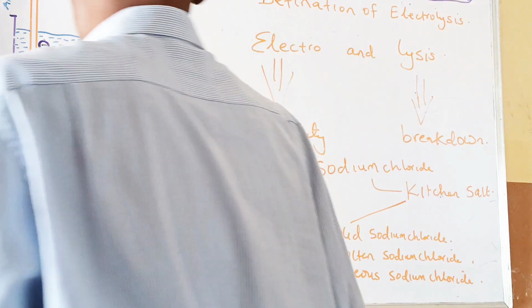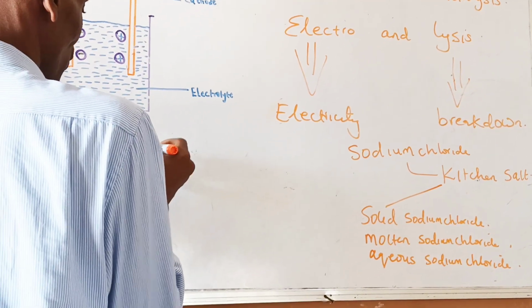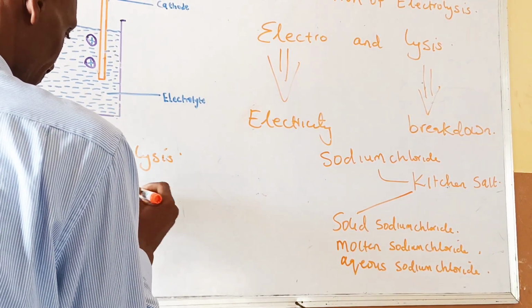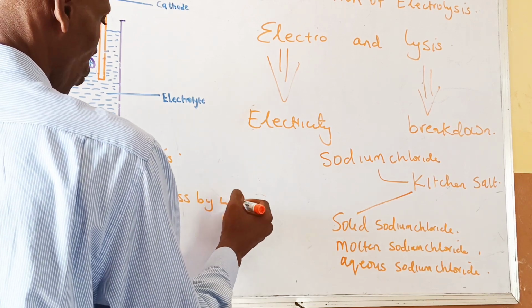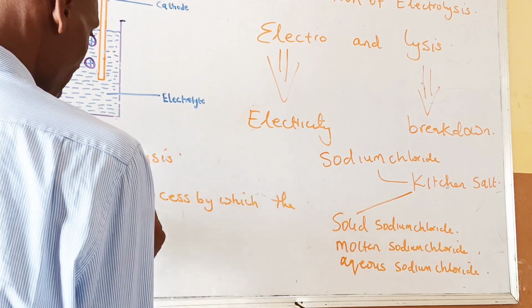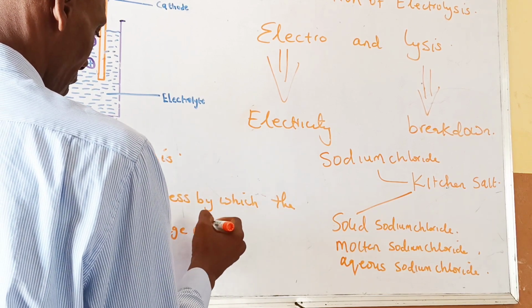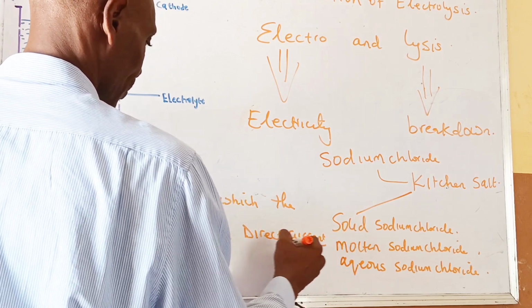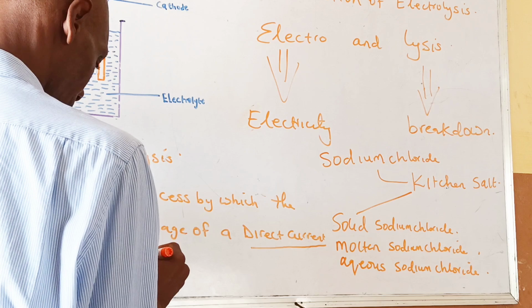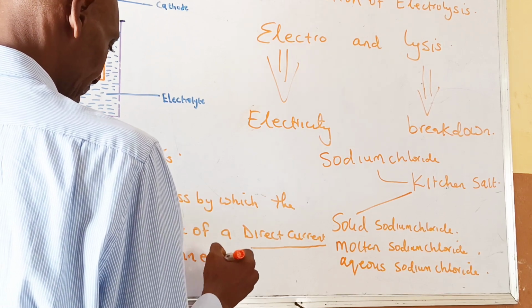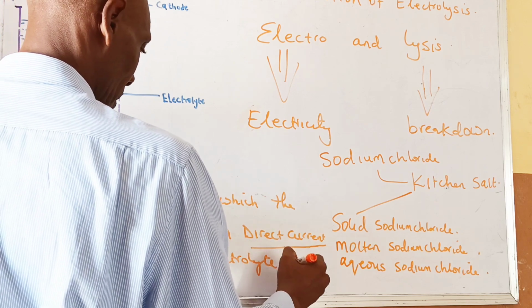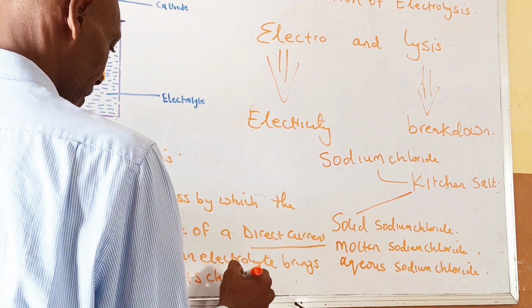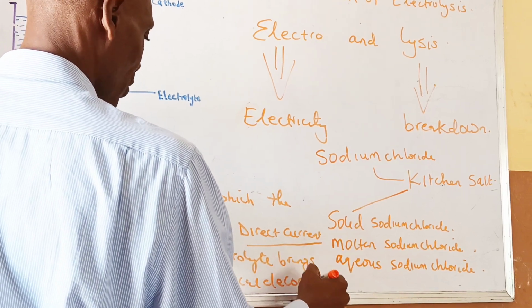Electrolysis is the process by which the passage of a direct current through an electrolyte brings about its chemical decomposition.